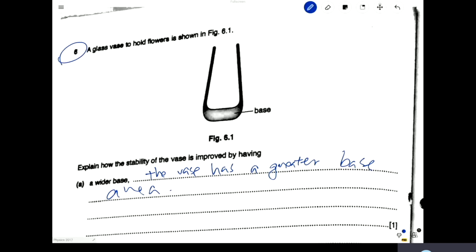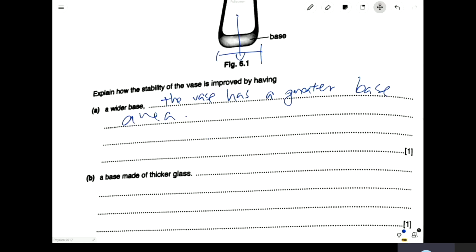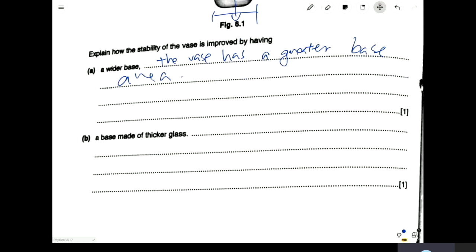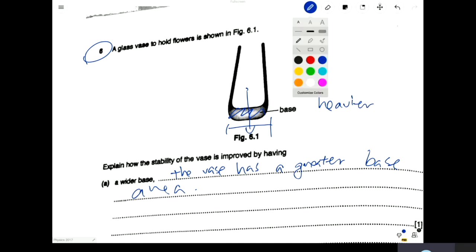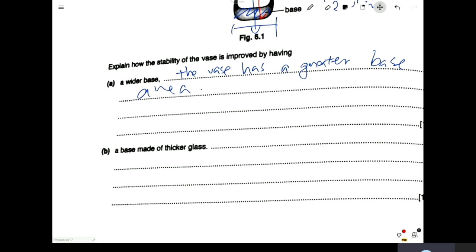Where is the center of gravity? Maybe somewhere here. As long as it's within the base, it will be stable. So what if it's made of thicker glass? When it's made of thicker glass, this area is heavier, so it brings the center of gravity downwards.